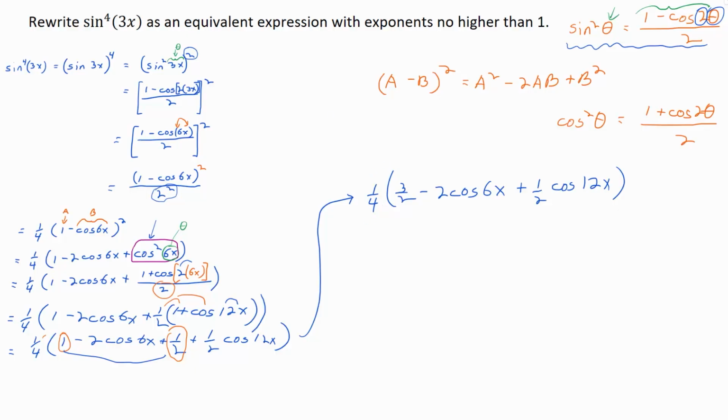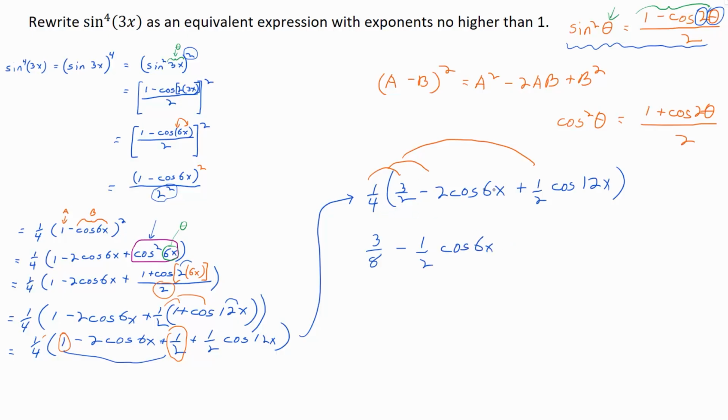But just to see how they got the answer at the end of the book, go ahead and multiply out that 1/4, if you want. You have to distribute it out. And you will get, okay, 1/4 times 3/2, just multiply straight across. That's 3/8, minus 1/4 times this minus 2 here. That's minus 2/4, which is 1/2.